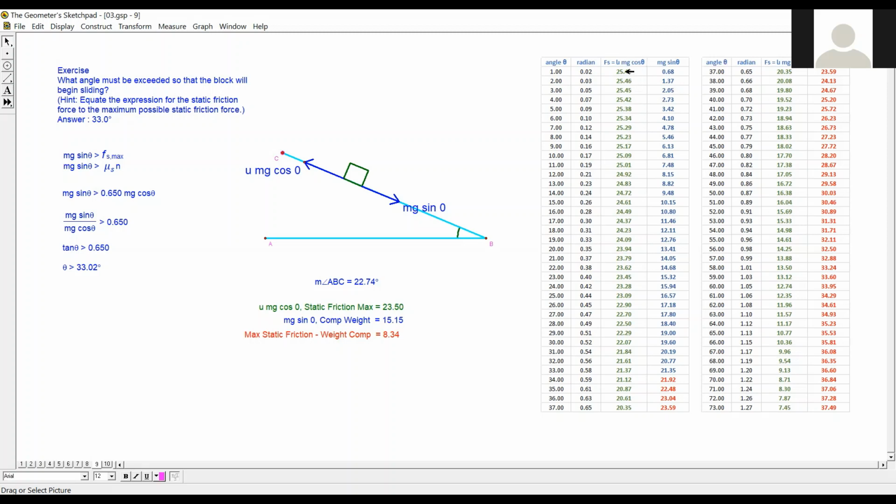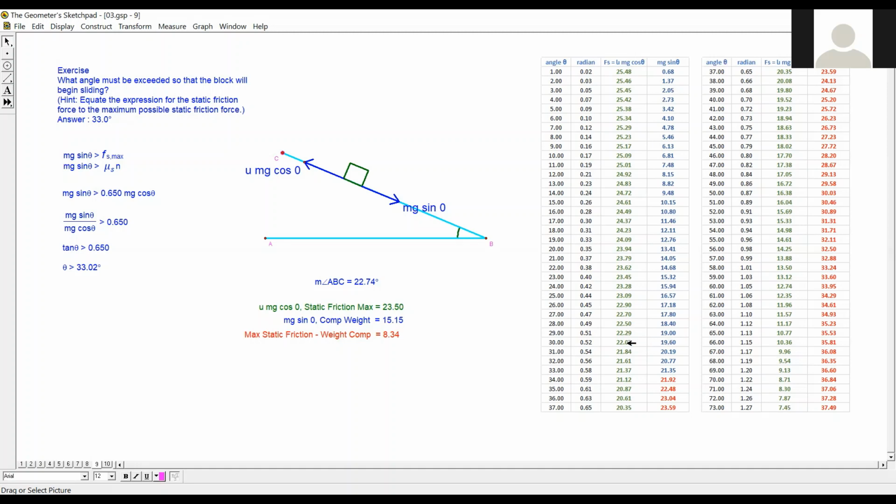Okay, never mind. As we increase the angle, 2 degrees, 3 degrees until 30 degrees, like what we did just now, at 30 degrees the maximum static friction is 22 and the component of the weight is 19.